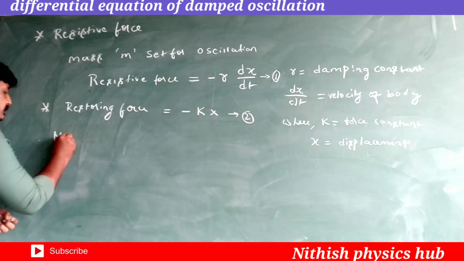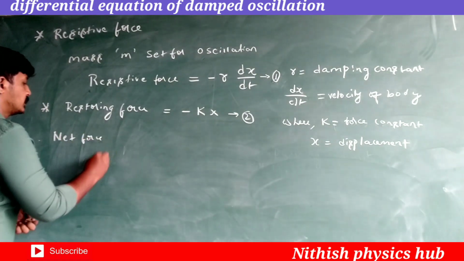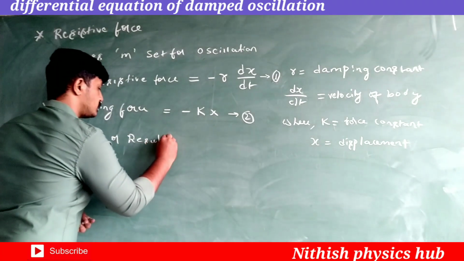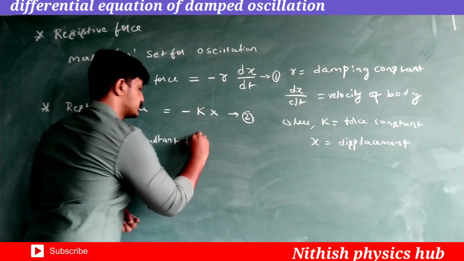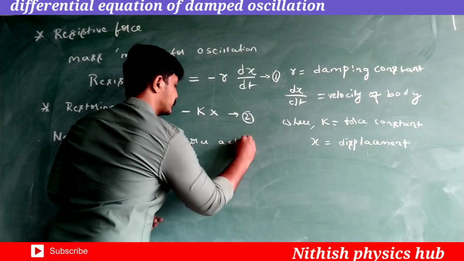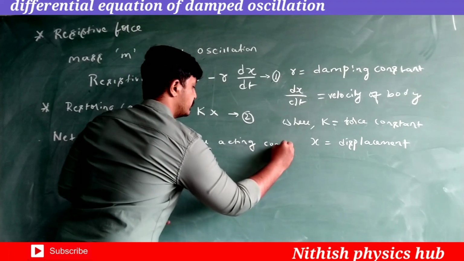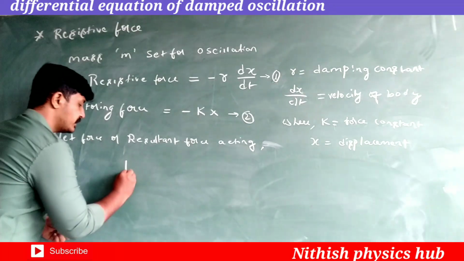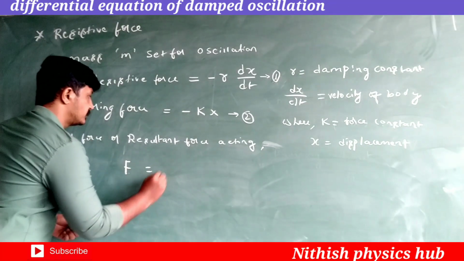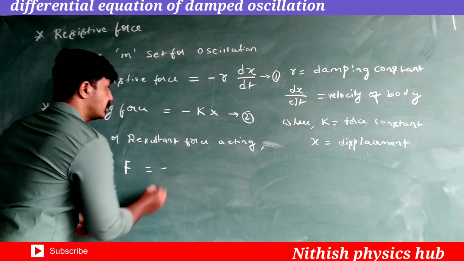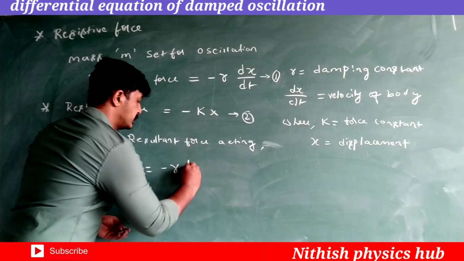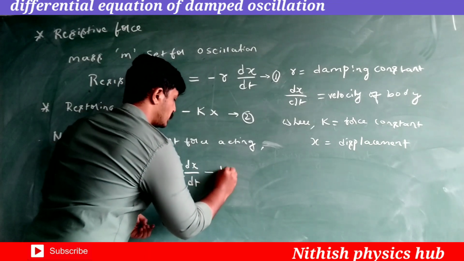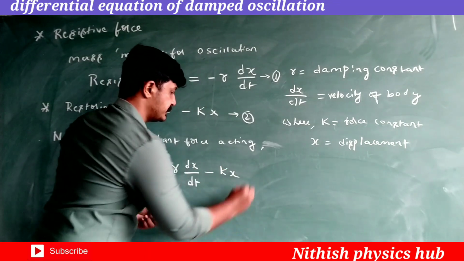Now the net or resultant force acting is given by F is equal to negative of r dx by dt, negative of k into x.